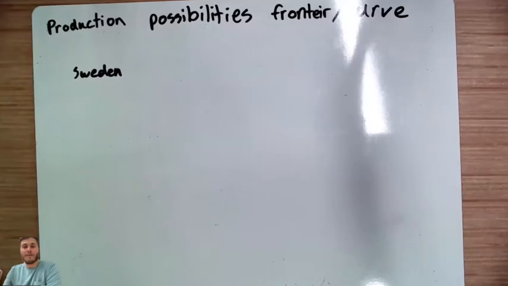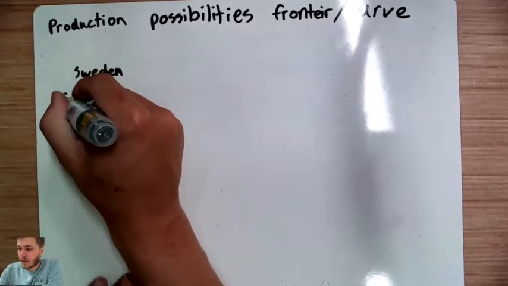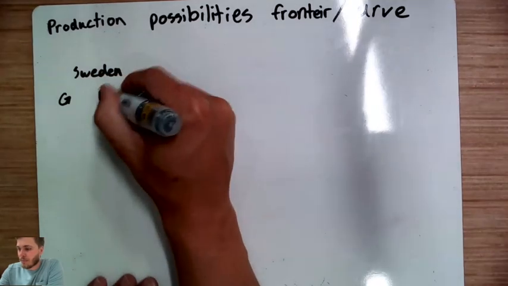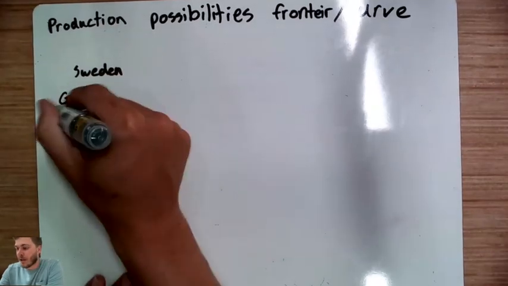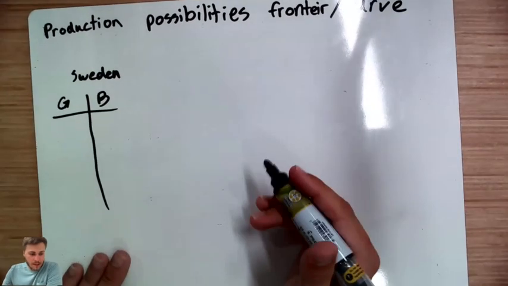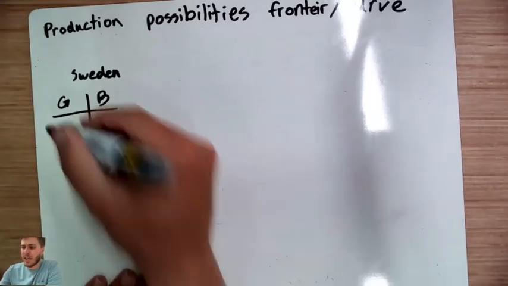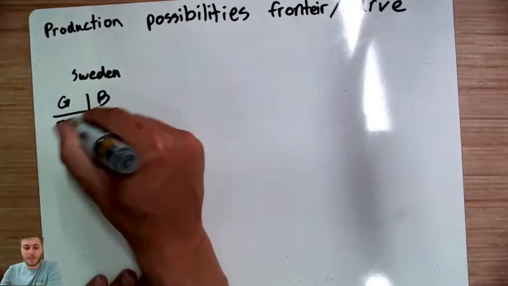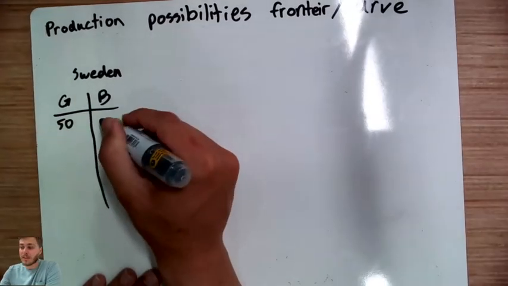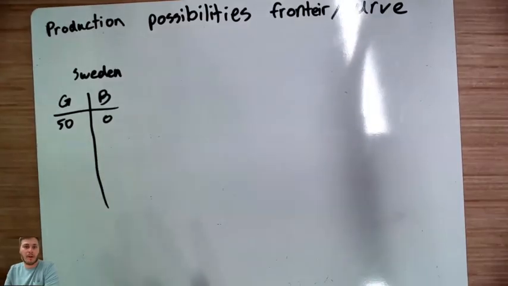Now, if we were in class, I would have you choose your own goods, but guns and butter is a classic economic example. Not the most accurate for Sweden, but let's say Sweden can make 50 guns, but if they make 50 guns, they can make only zero amounts of butter.